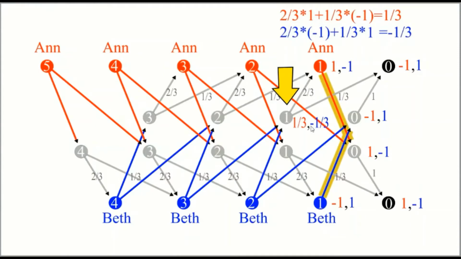Expected value for Baz in this situation. We can do the corresponding calculation for this random position. We get payoffs of negative 1 over 3, comma 1 over 3. Again, first one is for n, second one is for Baz. The same kind of calculation, I don't really show it again.